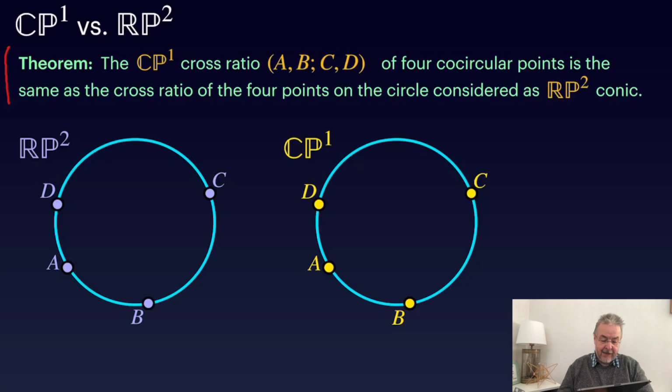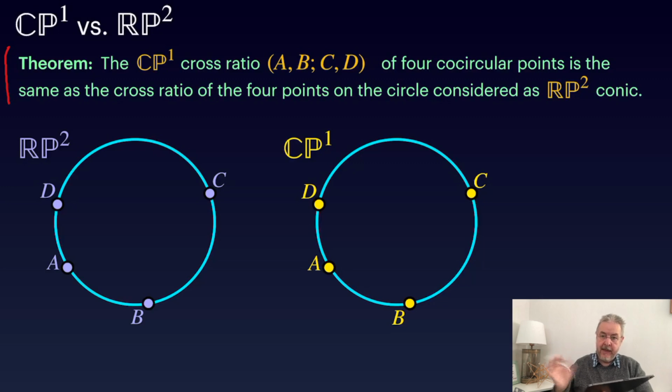And so now both pictures look the same, and they should look the same as pictures, but conceptually they are different. This here is a picture in CP1, and this here is a picture in RP2.